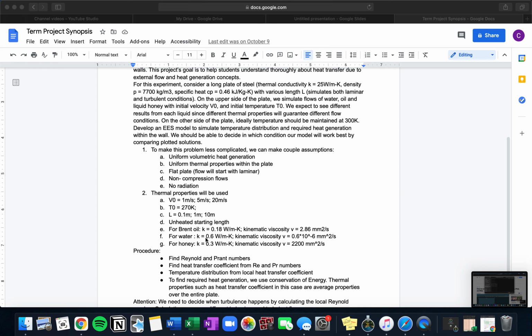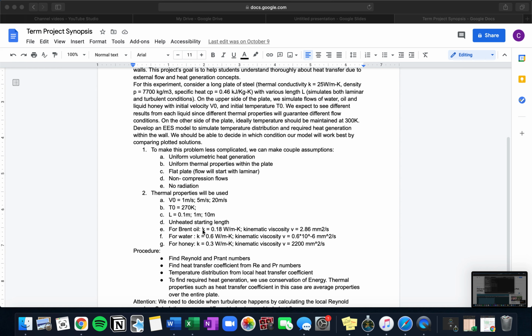For this simulation, I decided to use oil, water, and honey as the three flow conditions we are studying. The reason behind having so many variable flow conditions and several length configurations is that we want to have good insight into laminar as well as turbulent flow.